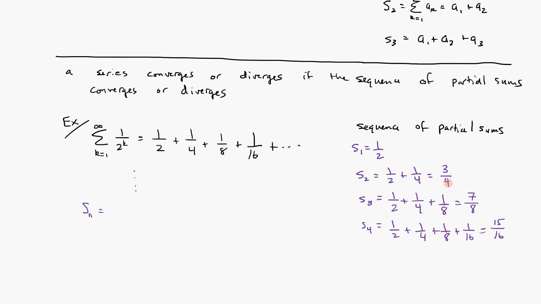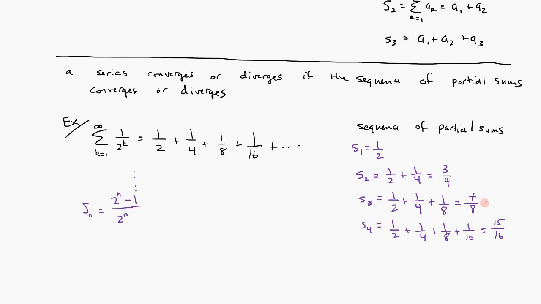Here 4 is 2 to the second power, so that's 2 squared. 8 is 2 to the third power. 16 is 2 to the fourth power. So the denominator is 2 to the index. So the denominator is 2 to the n. And the numerator is always 1 less than the denominator. So the numerator would be 2 to the n minus 1. So this is the formula for the sequence of partial sums.